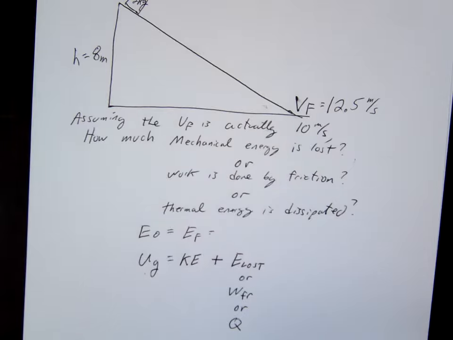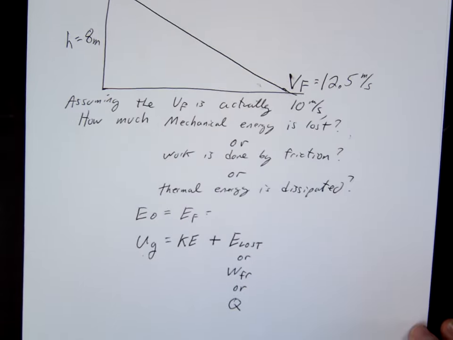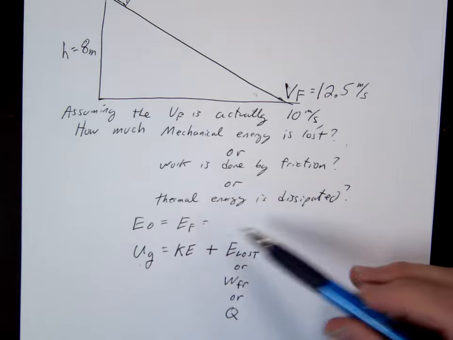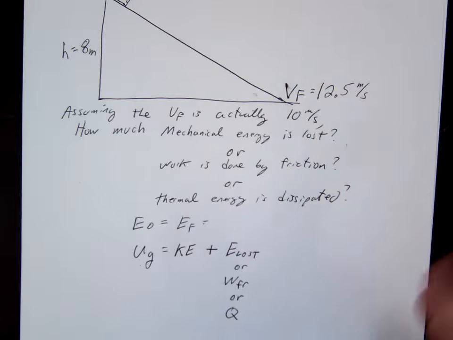Q. Okay, so whatever you're going to call it, you're just solving it the same way. So go ahead and do it. Why don't you guys go ahead and do it?